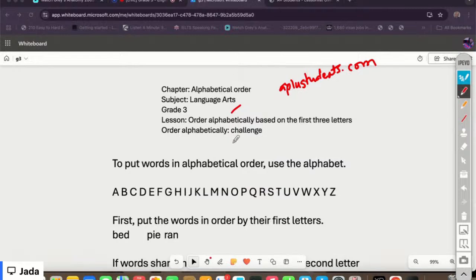Click on your name, you move on to grade 3, and the chapter is alphabetical order. And we have the lessons: order alphabetically based on the first three letters, and order alphabetically challenge.